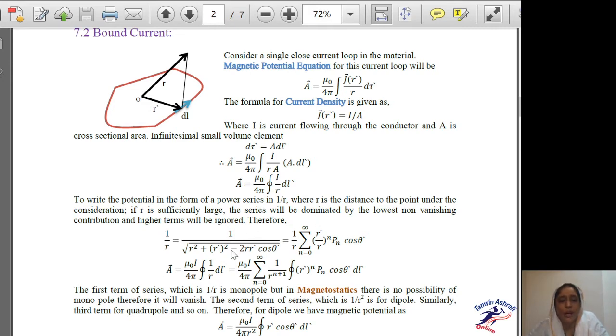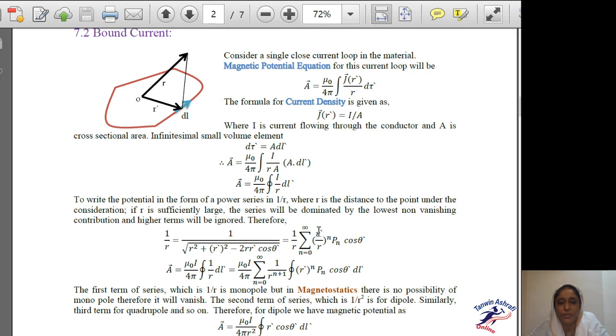Therefore, 1 upon script R is 1 upon the square root of R square plus R prime square minus 2 R R prime cos theta prime, which is nearly equal to 1 upon R, summation n goes from 0 to infinity, R prime divided by R raised to n, Pn cos theta prime. If we substitute this value in the potential equation, we get mu naught I divided by 4 pi, summation n goes from 0 to infinity, 1 upon R raised to n plus 1.